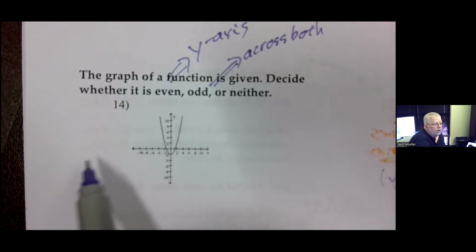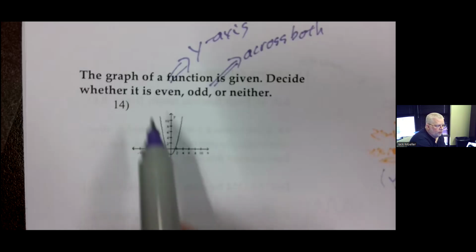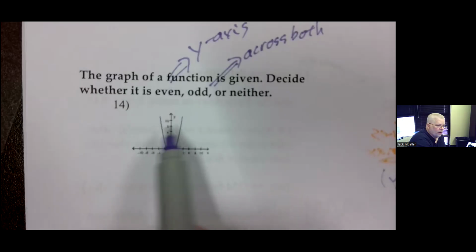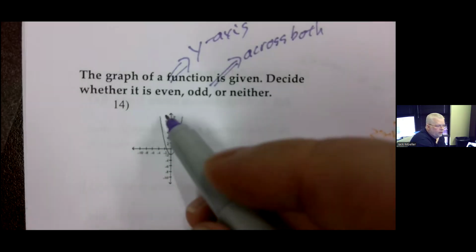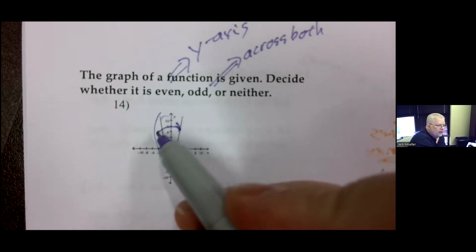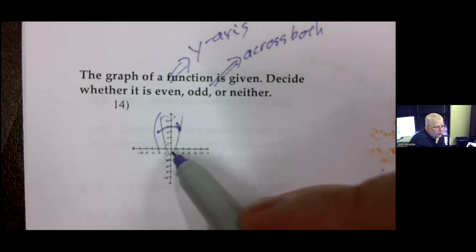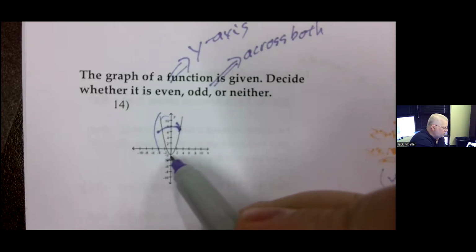All right, so when you look at number 14, I always like to start with even because even is just one fold. If it's odd, you've got to do it across the y-axis anyway. So if I take basically half the graph and fold it over, is it going to lie on top of itself? Notice the bottom there is right on the y-axis.